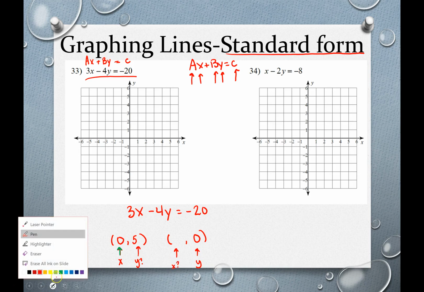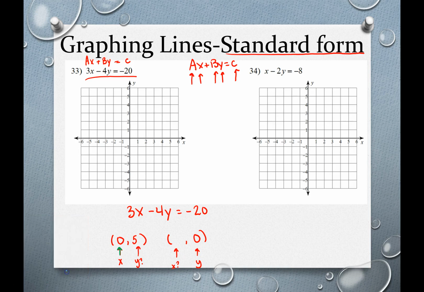So I'm going to replace my y with 0. So this whole thing right here becomes -4 times 0. Well, that's 0. In other words, this disappears. It's gone.